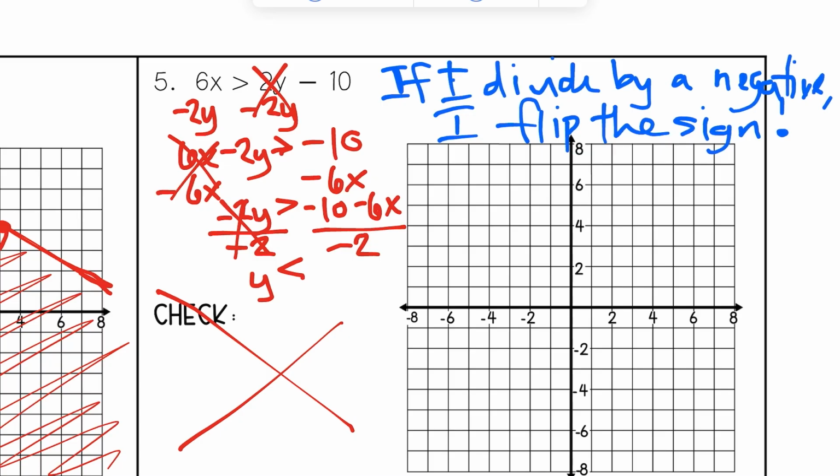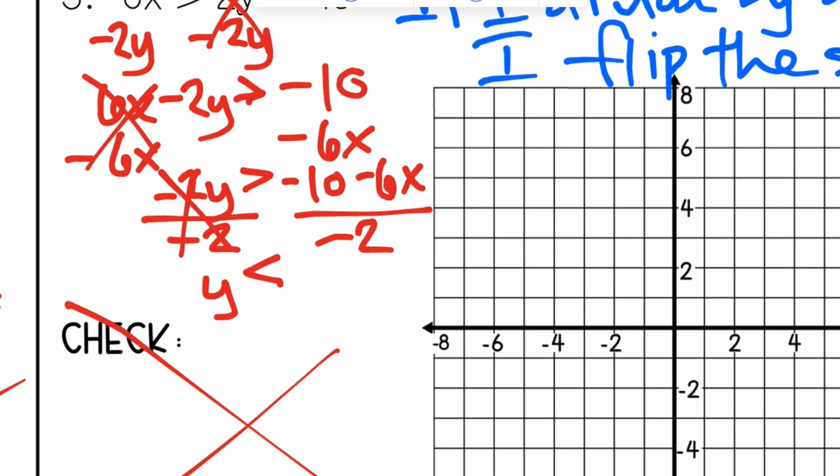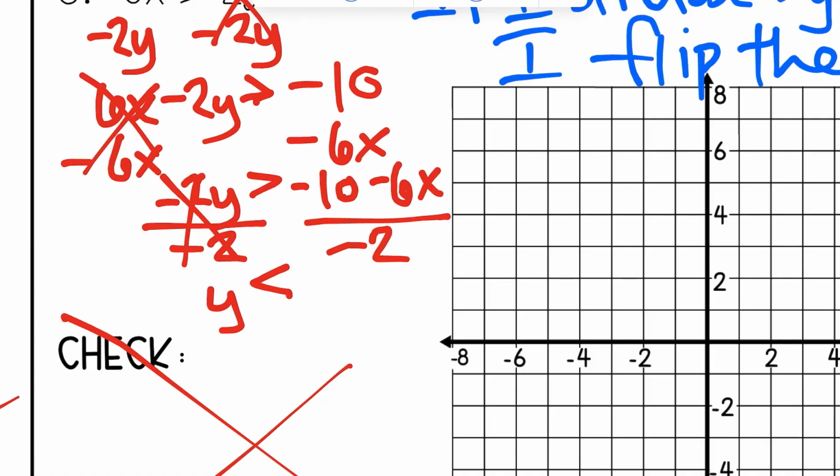Okay. Going back, so I flip my sign, and now negative 10 over negative 2 is going to be positive 5. There we go, 5. And then negative 6 over negative 2 is 3, and then x.